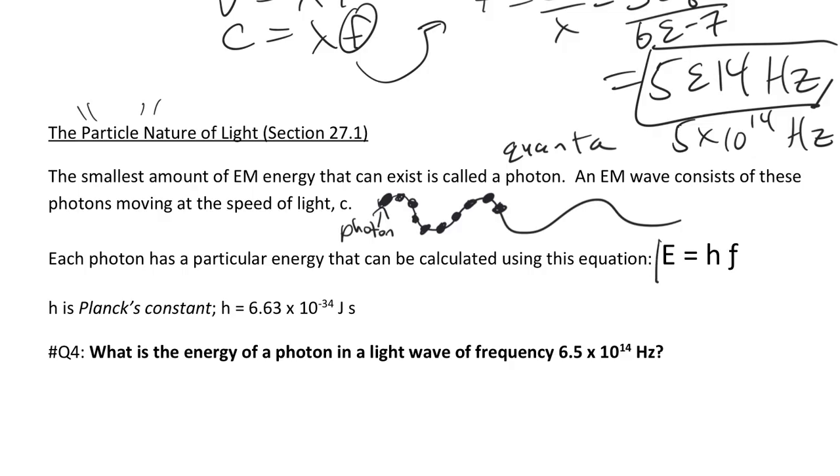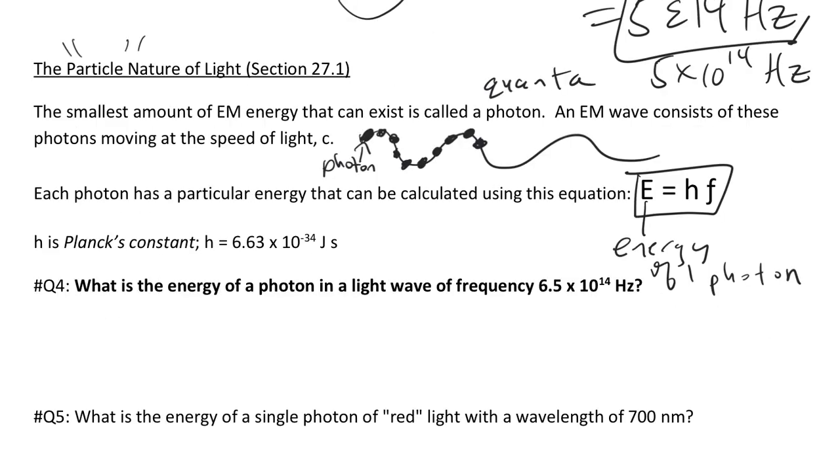Now, here's the equation for the energy of 1 photon in the light wave. The unit for energy is joules, of course. f is the frequency of the light wave that's composed of all those photons. That's in hertz. h is Planck's constant.